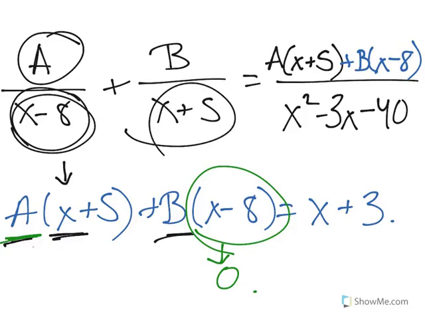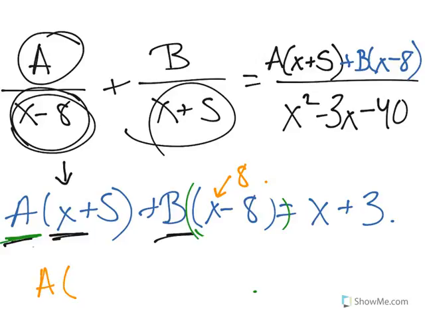So to make x minus 8 equal to 0, we need to make x equal to 8. So let's find what this equation is equal to when we substitute x with 8. So we have 8 plus 5 is equal to 13, so 8 times 13. 8 minus 8 is equal to 0, so 0 times b is just equal to 0, so I will leave that out.